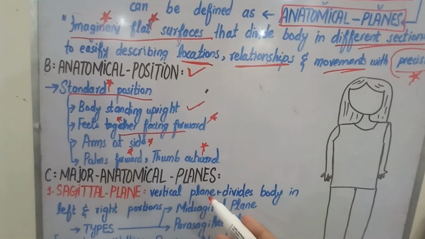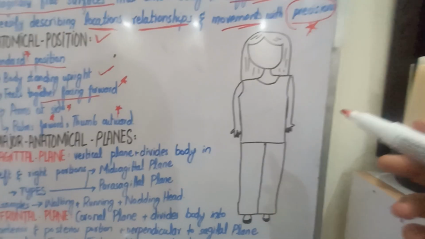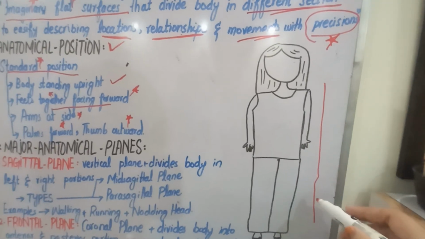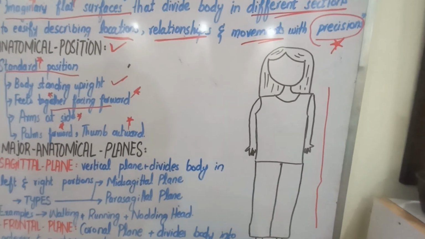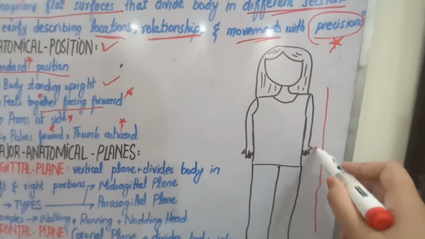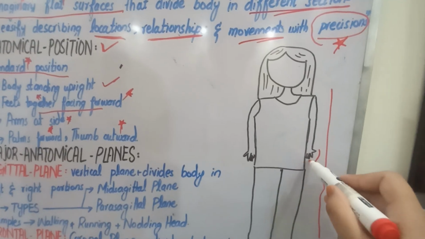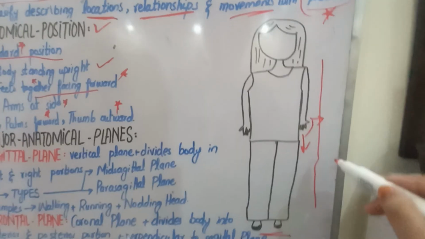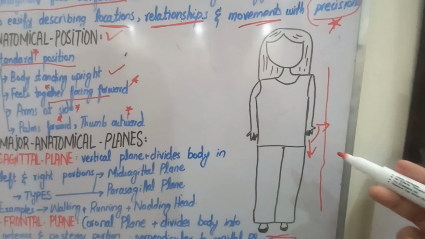If we see this anatomical position in the diagram, the body is standing upright, feet are together and facing forward, arms are at the side, palms are placed forward and thumbs are pointing outward. So this is the basic anatomical position of the human body.